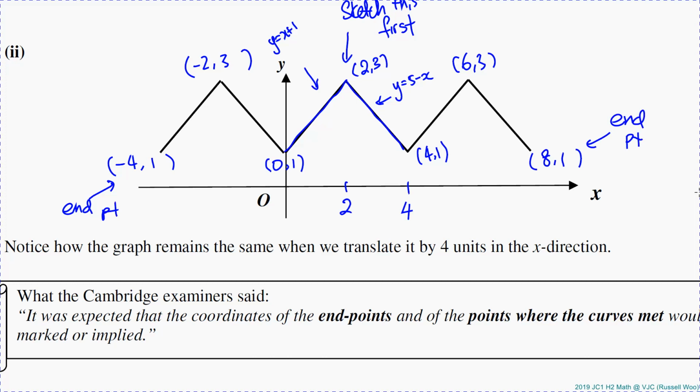Okay? And where the curves meet, that is, this is one distinct curve, this is another curve or straight line, where it meets, this one must be labeled. So everything must be labeled. Yes? All good? Very good.